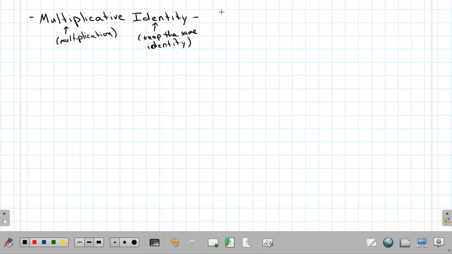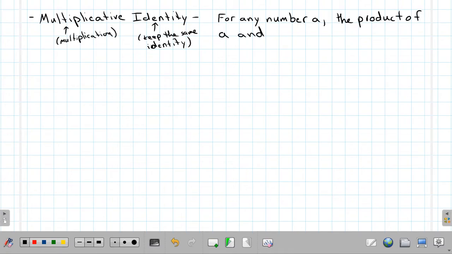So what this tells us is for any number a, so once again, any number, any expression we can think of, the product of a and 1 is a.